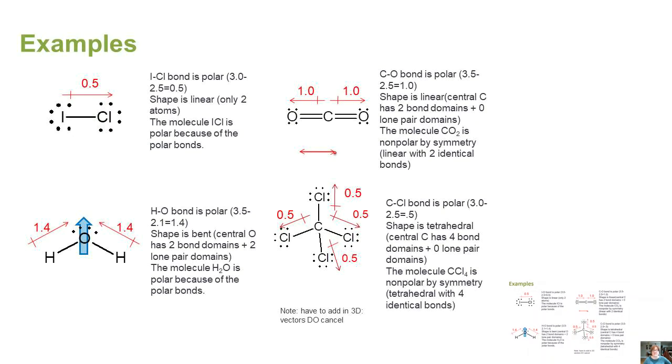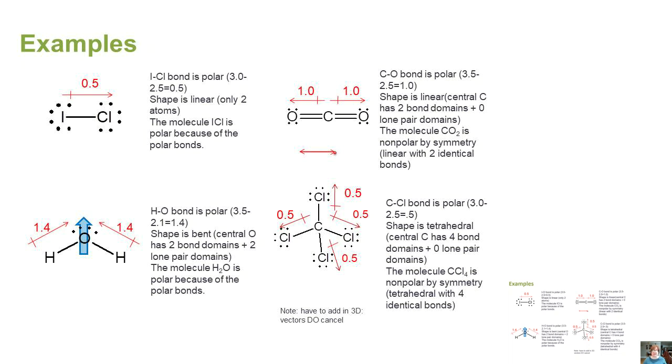Here's a few more examples. Here I have iodine chloride, and it does have a net dipole moment. Again, there's only 1 polar bond, so there's nothing that could cancel it out. Here I have CO2, and in CO2, if I tried to add the 2 together, I end up back where I started from. So these are canceling dipoles. I have water.